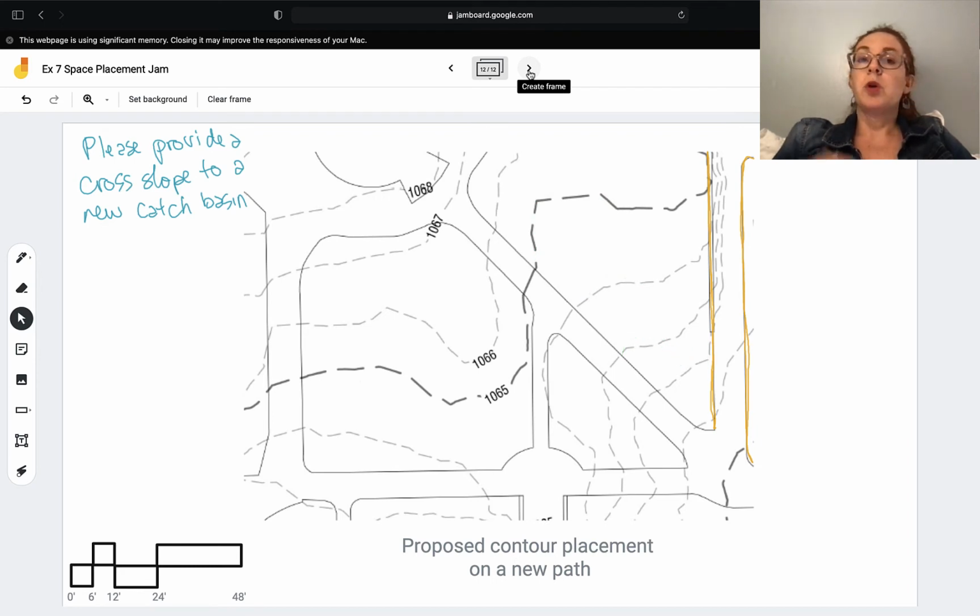And when we showed the university that we could regrade this to make this even more of a swale signature and really capture any water on site, they said, oh, you know what, that would be great because we have an ability to put in a catch basin right here that we would love to install to capture water that is flowing through this area that has previously been pooling around, and we just want to convey it elsewhere.